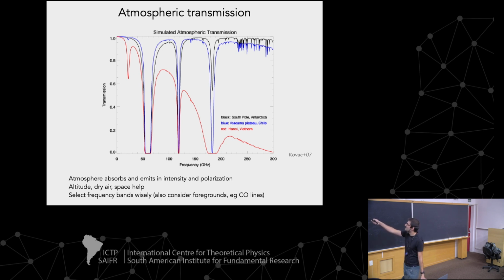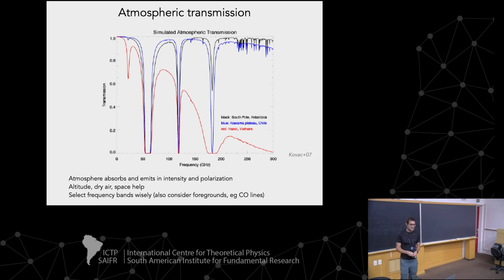So you will typically see CMB frequencies around 90 or 100 gigahertz, around 150 gigahertz, and then above. So this transmission curve, if you're a ground-based experiment, informs how you will choose your frequency bands.